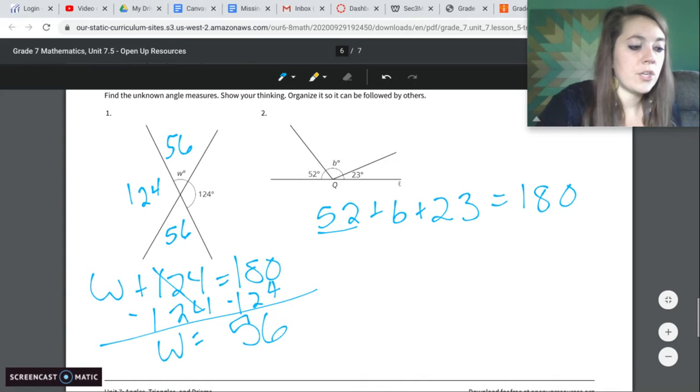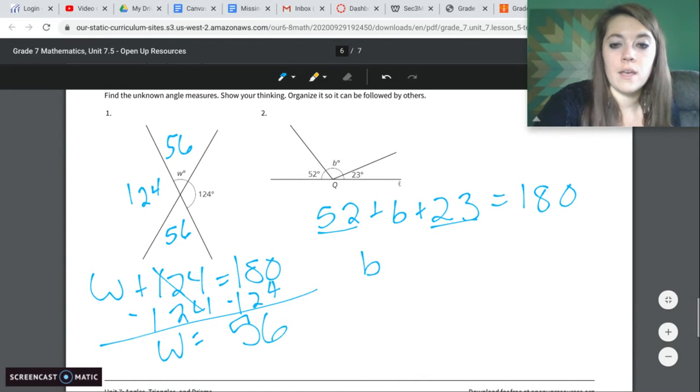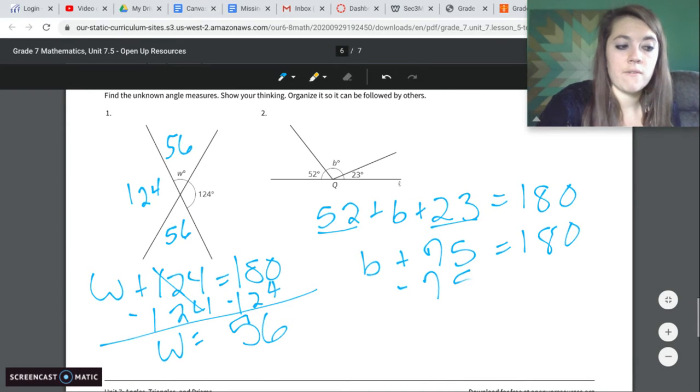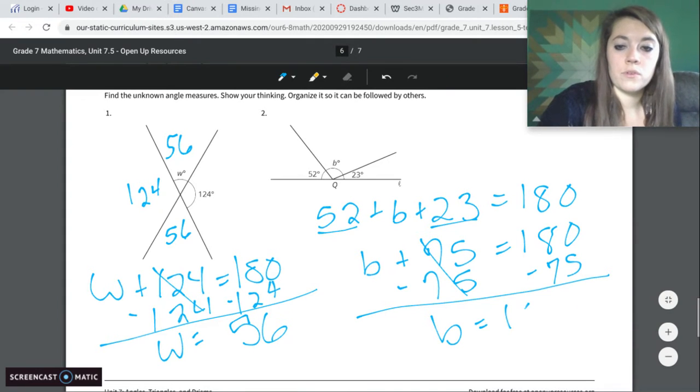Now 52 plus 23 is going to give us 75, which equals 180. We subtract the 75. So B equals 105 degrees.